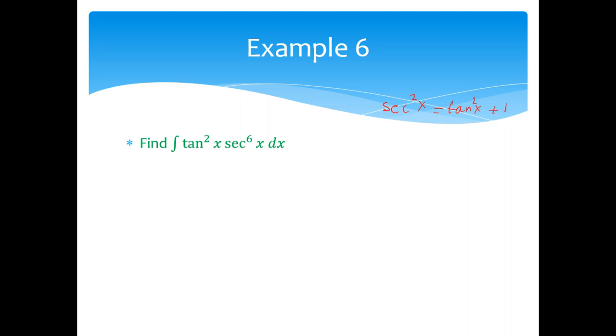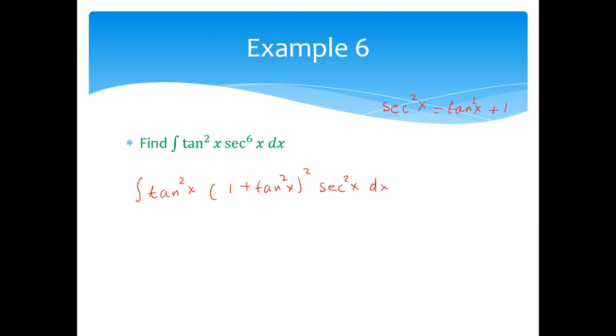So at this point, we're going to say the integral of tangent squared of x times 1 plus tangent squared of x to the power of 2, and then here I have secant squared of x dx.